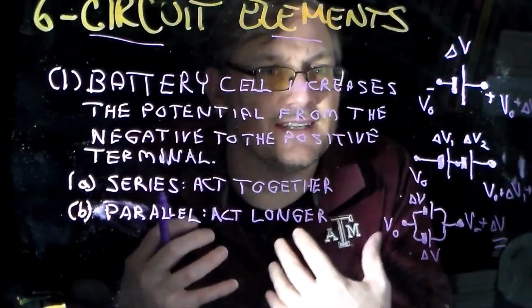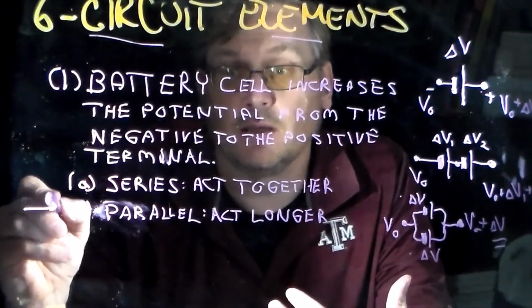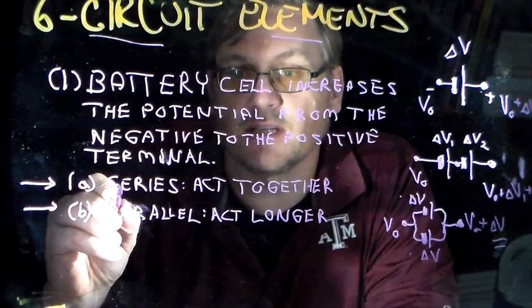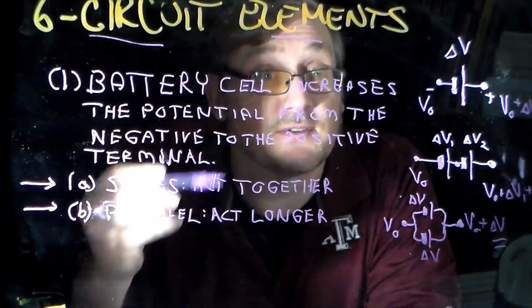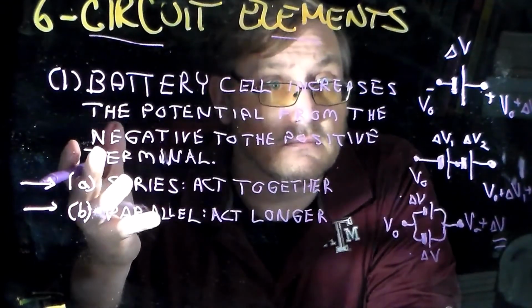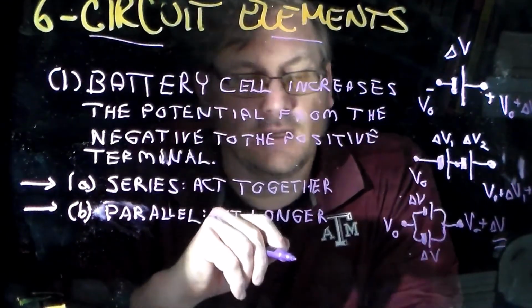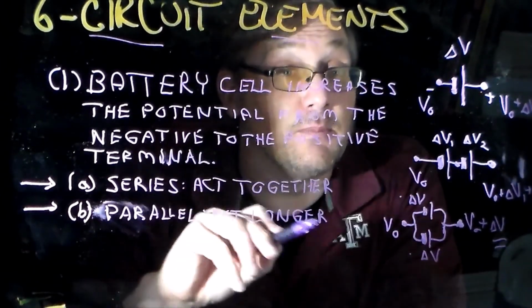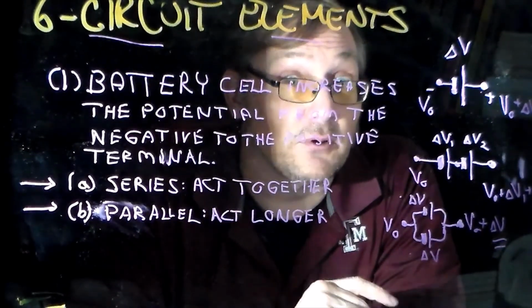So you can give more things the same amount of energy with B, and give the same thing more energy with A. So same thing, more energy in series. More things, the same energy in parallel. Maybe that makes sense, maybe that doesn't. Hopefully it does. So you can power twice as many light bulbs for the same amount of time if you have two batteries in parallel, for example.